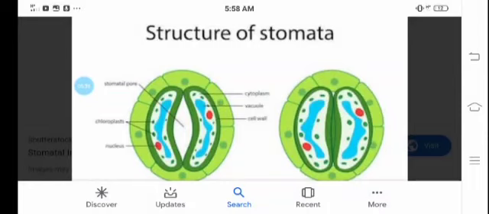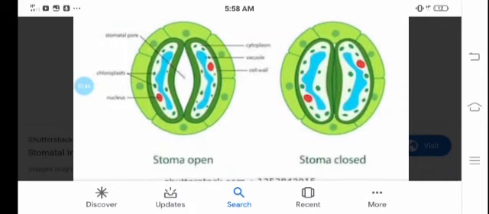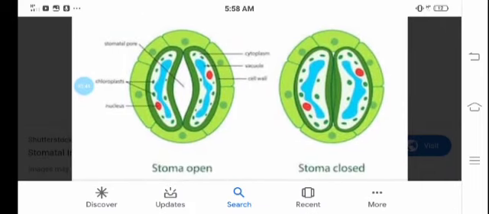This is the structure of stomata, the pores present at the surface of the leaf. You can see two different figures. The first one is the figure in which the stomata is in open form.